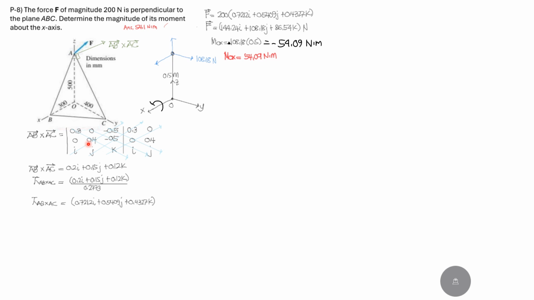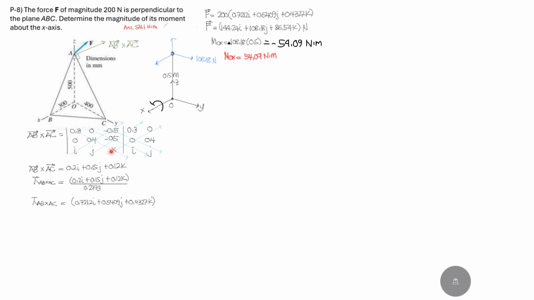Then for the position vector AC, it is directed down along Z, so negative 0.5, then to the positive y direction 0.4. No x movement, so 0.